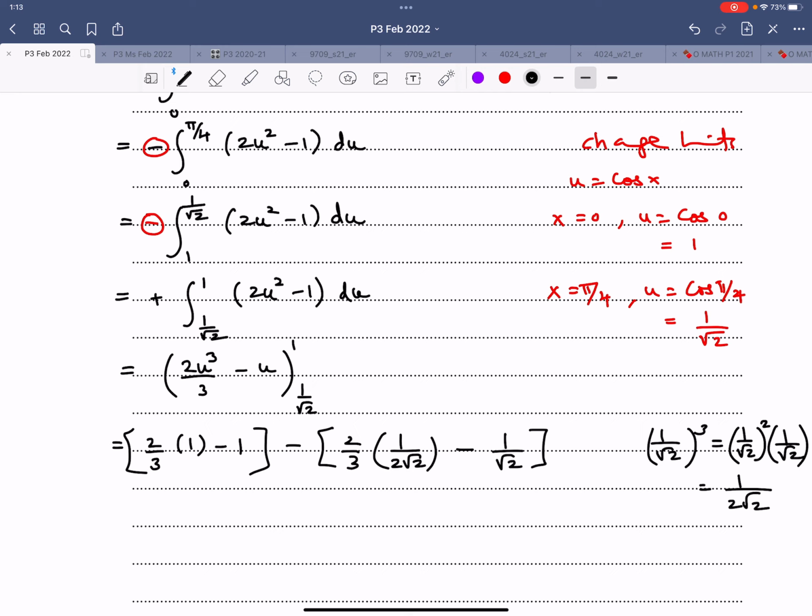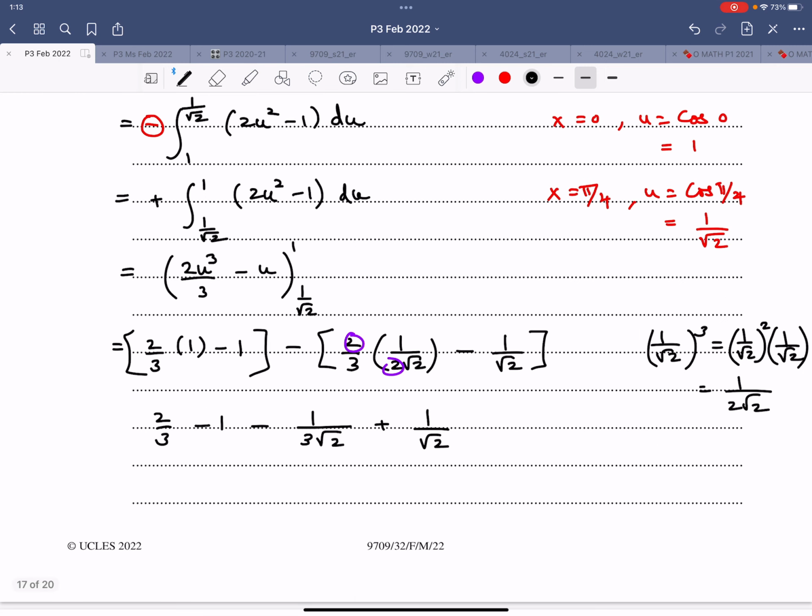So therefore, this 2 and this 2 cancel off and this is 2/3, this is minus 1, this is minus 1 over 3 root 2 and this is plus 1 over root 2. So therefore, this comes out to be 2/3 minus 1 is minus 1/3 and then minus 1 over 3 root 2 and this plus 1 over root 2.